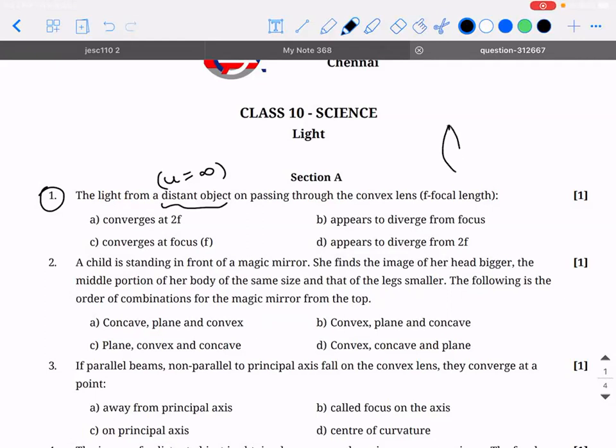When you take a convex lens, when the rays are taken parallel to the principal axis, after refraction they will pass through the focus. Are they getting converged or diverged? Converged at focus. Yes, converged at focus.